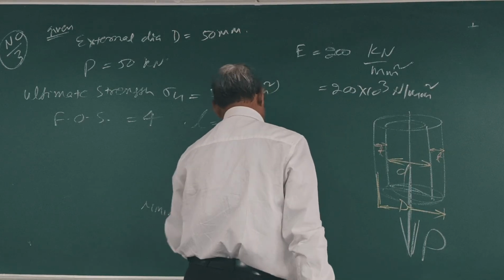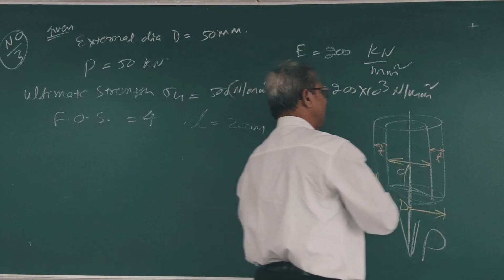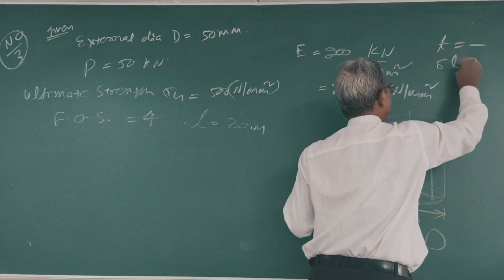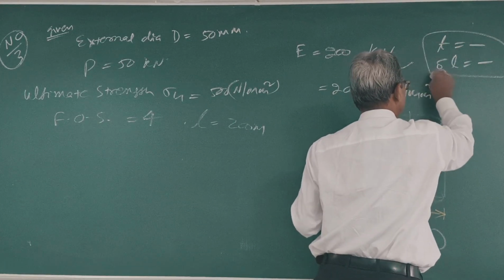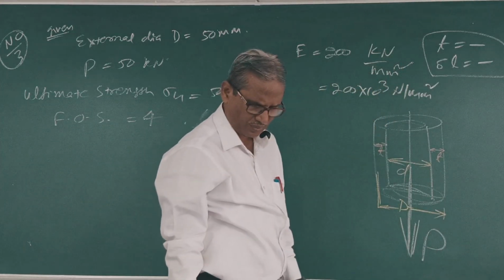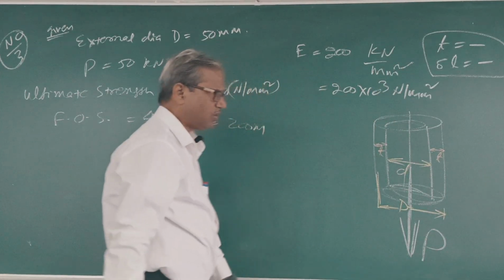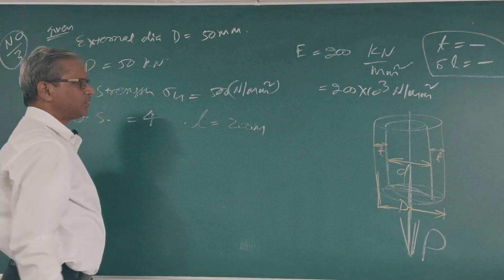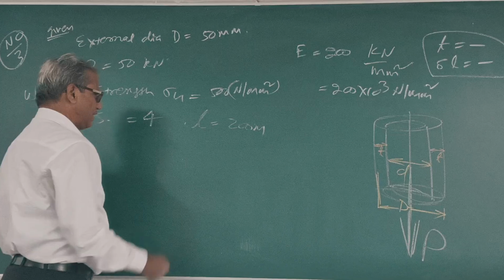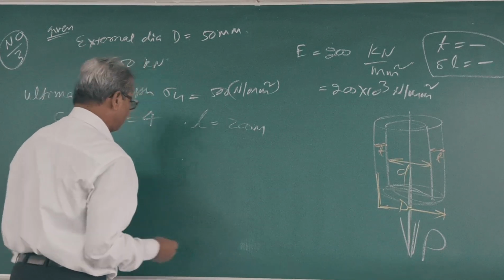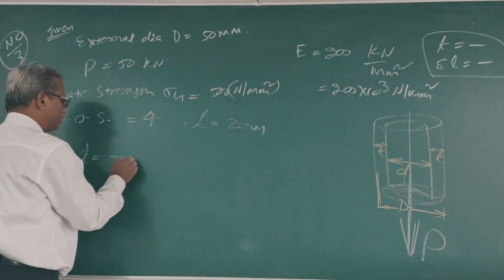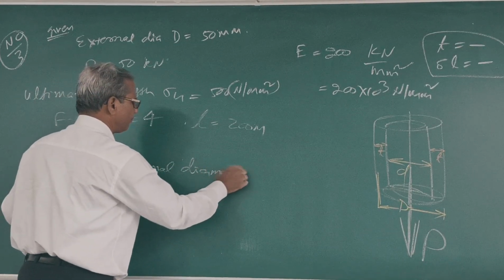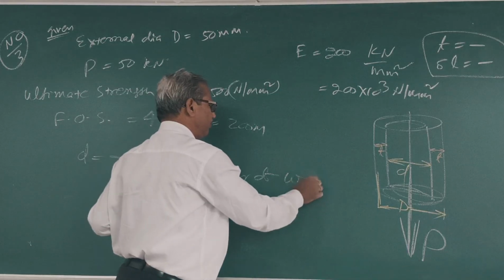Our question is to find out thickness T and change in length delta L. This is our question. Clear? Now we will find out small d. First find out small d, the internal diameter of the wire. Clear?